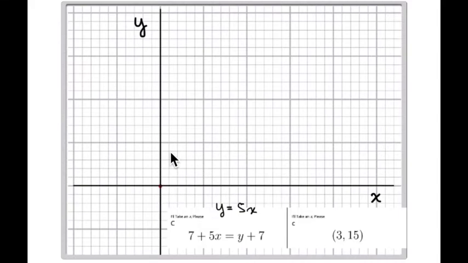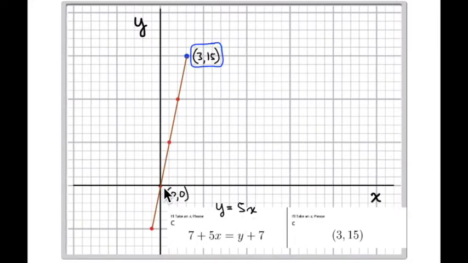So you go over 1, up 5, over 1, up 5. You could also go for every decrease in x, there's a decrease of 5. So -1, -5, -1, -5. And you know that the origin is on this line. This is a proportional relationship, by the way. This is y equals kx.